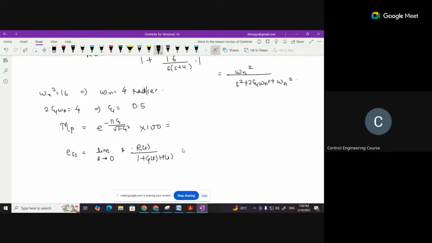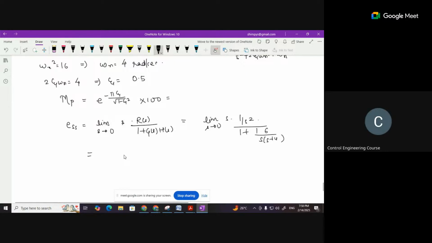Okay, so for the steady state error, R(S) over 1 plus G(S)H(S), and H(S) is 1 here. So limit S tends to 0, S into, what is the input, unit ramp, right? 1 by S square, over 1 plus 16 by S into S plus 4. On solving this, see how much you are going to get.